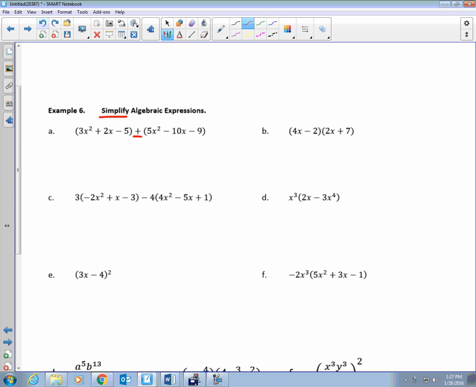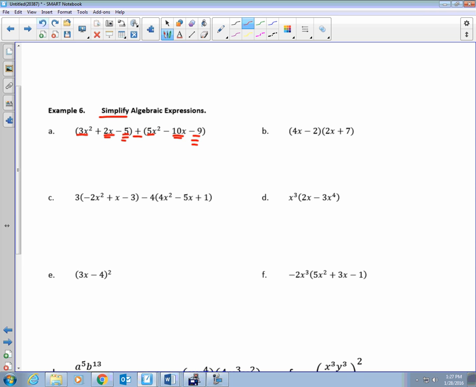If you remember, what we do with addition pieces like this is we combine like terms. The definition of like terms is terms that are the same except for maybe the coefficient out front. So 3x squared pairs with 5x squared, and 2x pairs with negative 10x, and negative 5 pairs with negative 9.